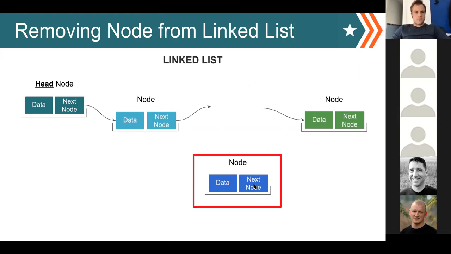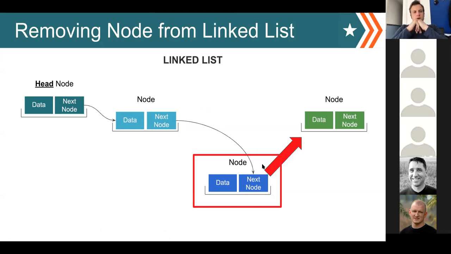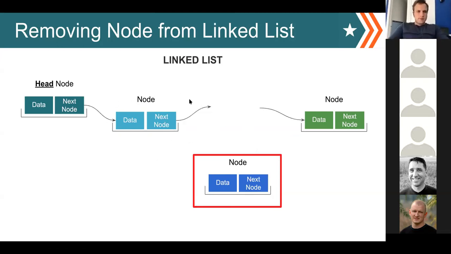So I need to assign it to this. Once I get to here, I'm going to have it assigned to my current node because that's the node I'm on, and then I have to keep track of the previous node as well.